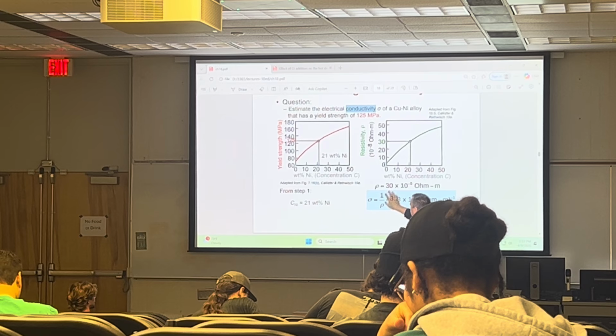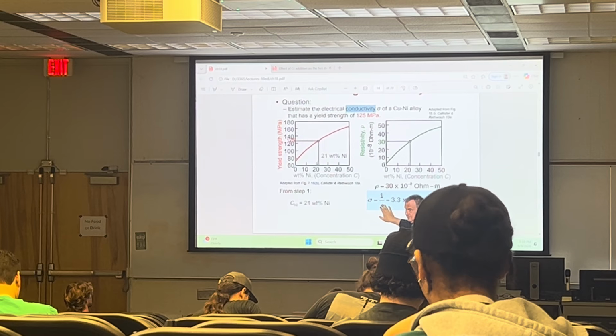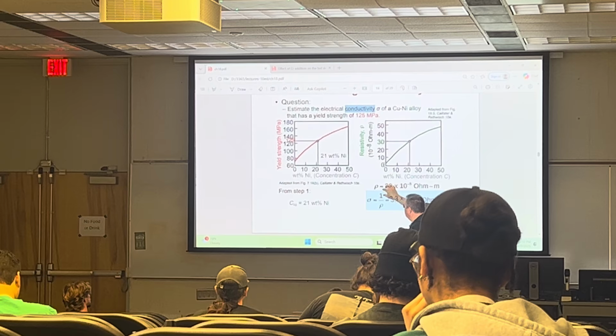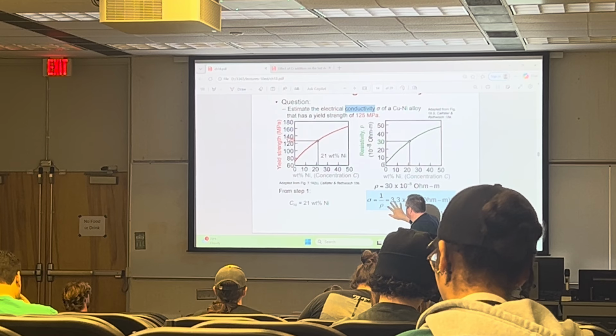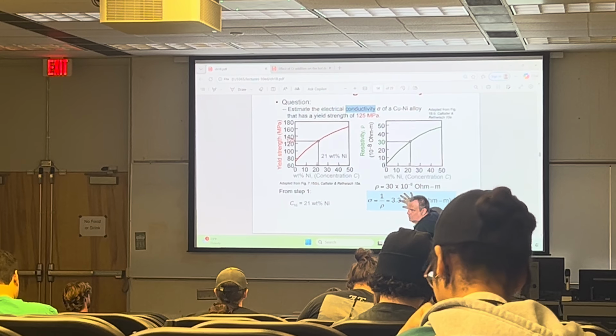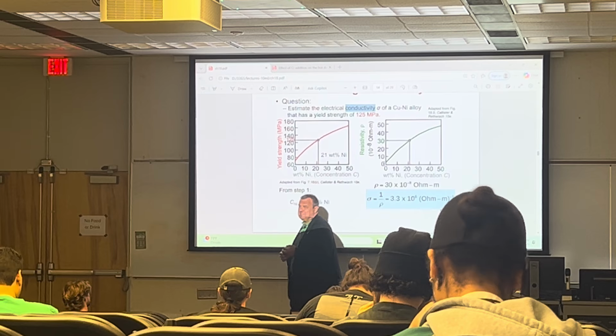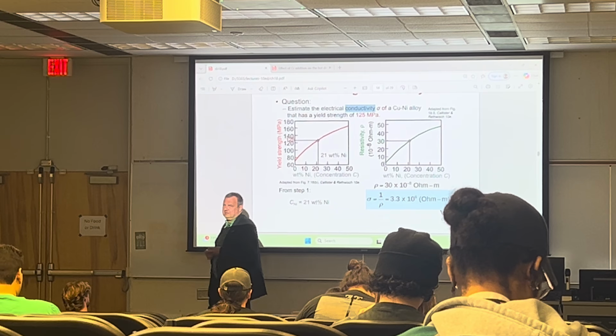It's 1 divided by 30, and then over here it is 3. So if I take it and divide it by 3, then this is going to be 10 times more, right? A factor of 10 difference. A factor of 10 difference is a big difference for something like conductivity.